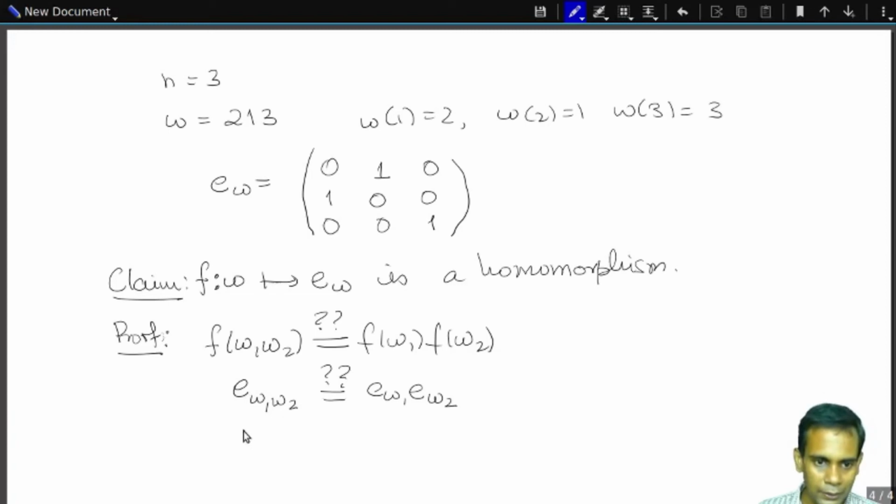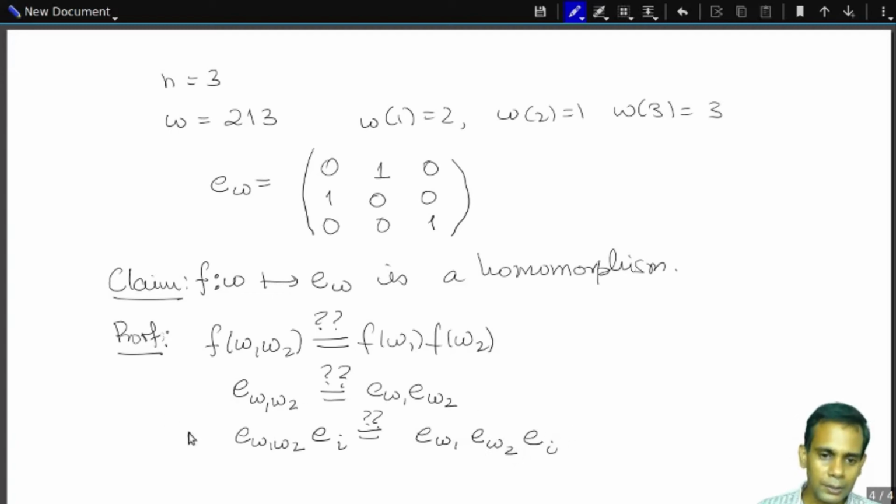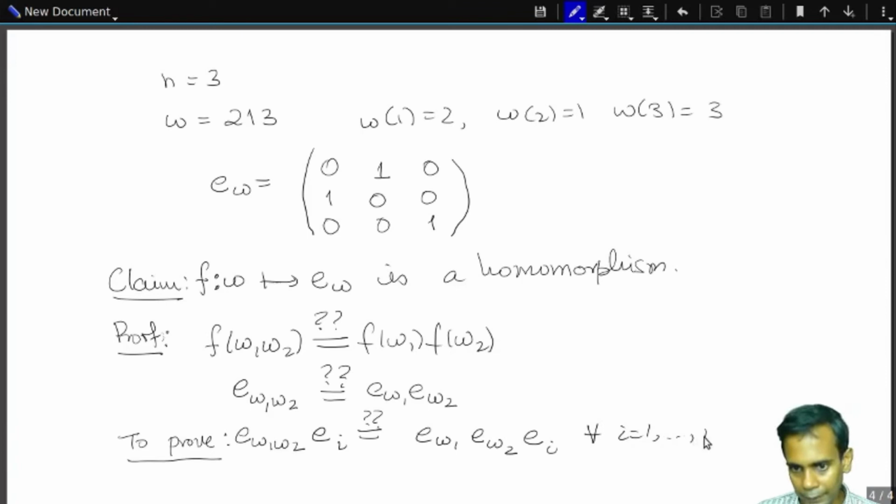So what we can do is check if E_(w1 w2) multiplied by e_i, this column vector with 1 in the ith row, is equal to E_w1 multiplied by E_w2 multiplied by e_i. Okay, so this is what we need to prove for all i, 1 to n.